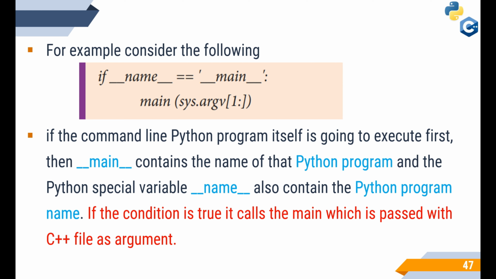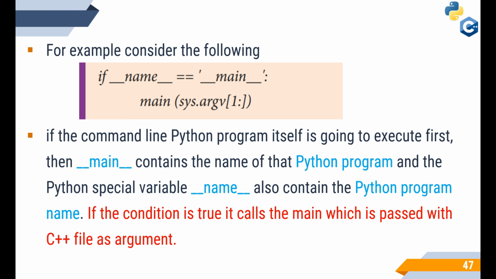Now, for example, consider the following. Here if __name__ equals '__main__': if the command line Python program itself is going to execute first, then __main__ and the Python special variable __name__ contain the Python program name.